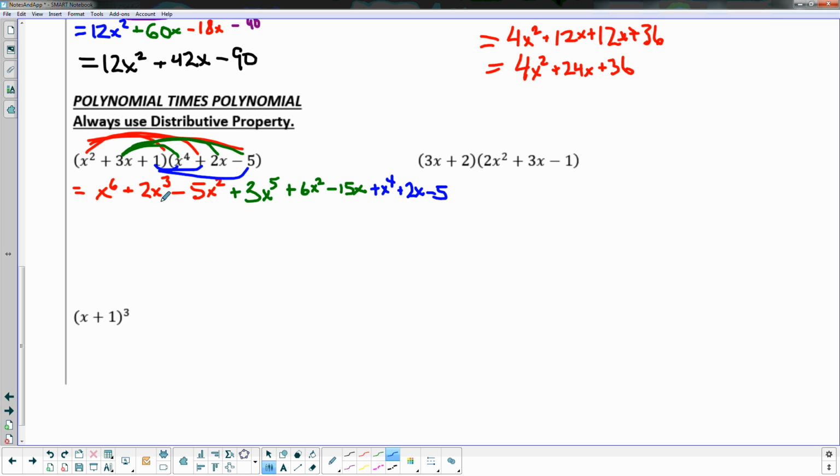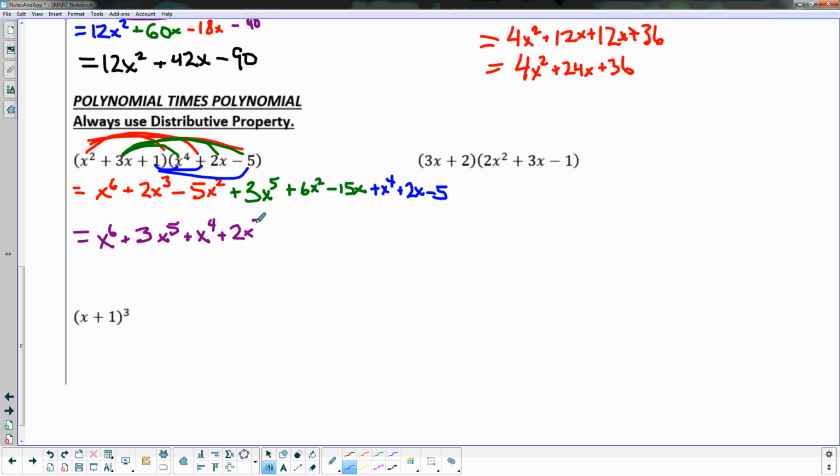All right. Now when I get that, I just need to combine like terms, and it's just going to be a mad dash to combine like terms. I only have one x to the sixth. I only have one x to the fifth. Do I have any x to the fourths? Yes, I do. I have one of those. How about x to the third? I have one of those.